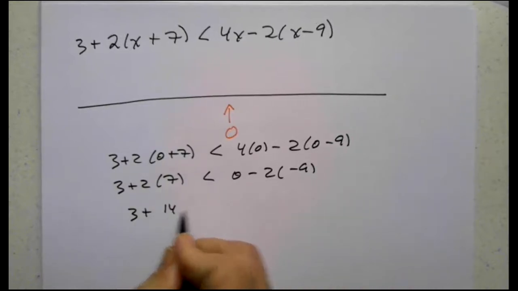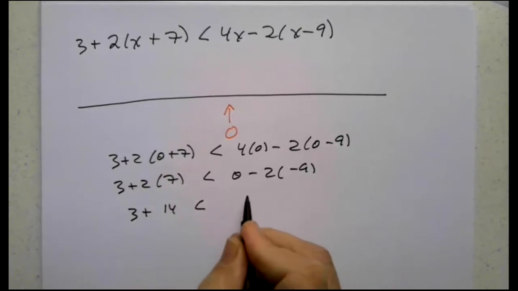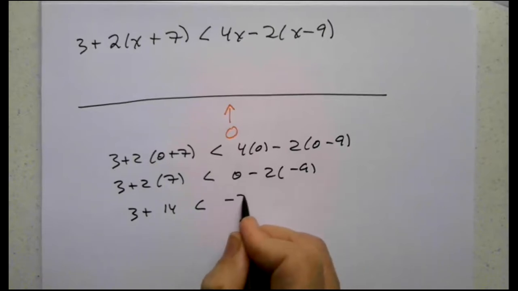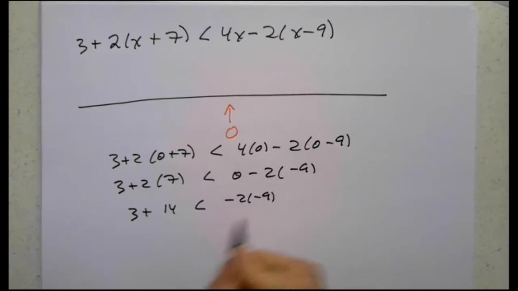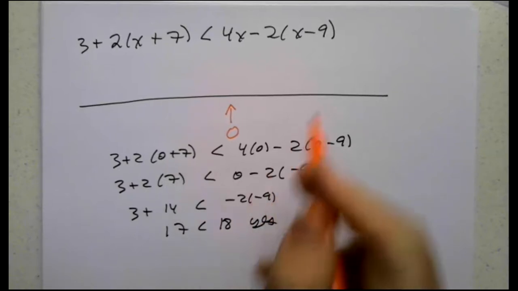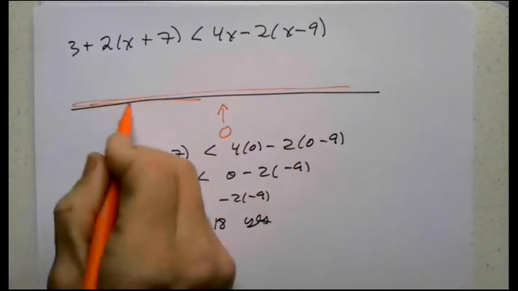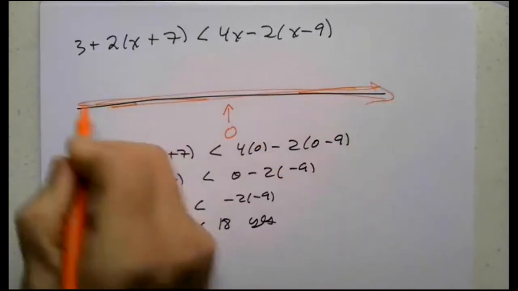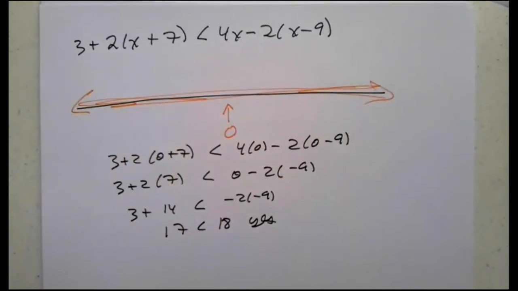Is 3 plus 14 less than -2 times -9? Is 17 less than 18? Yes, it is. It's true for 0, so therefore it'll be true for everything. So my answer is all real numbers.